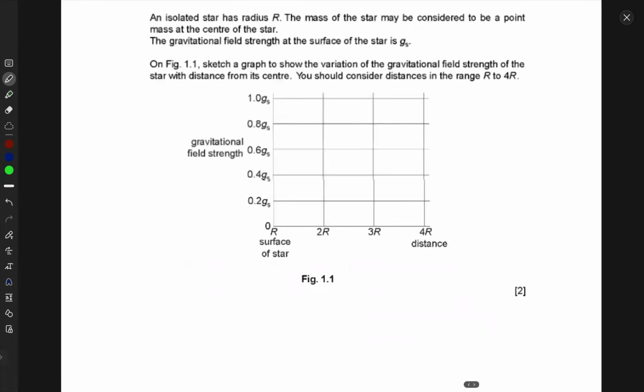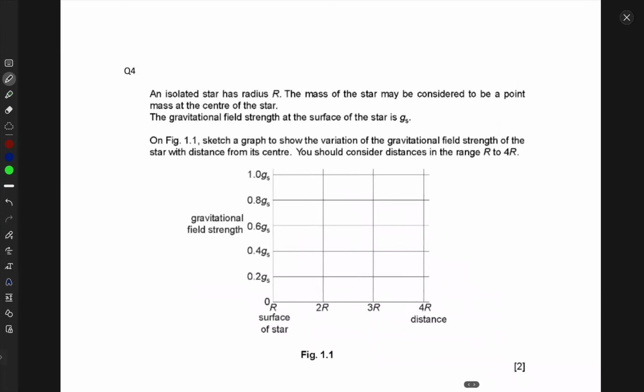And then we'll move on to the next question, which is question number 4. An isolated star has radius r. The mass of the star may be considered to be a point mass at the center of the star. So we have a star which is isolated, meaning that there are no other forces acting on the star, and the radius of this is r, and the mass is considered to be a point mass.